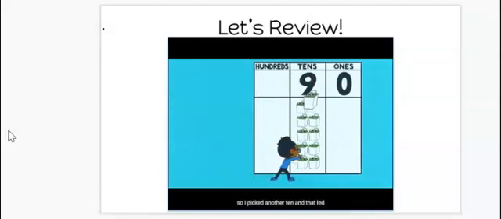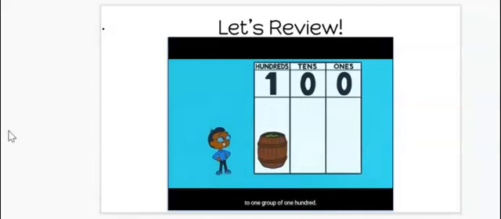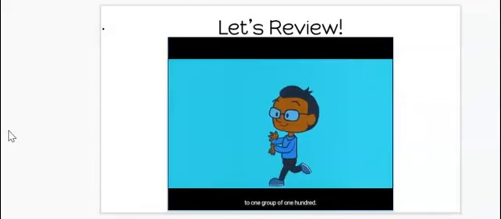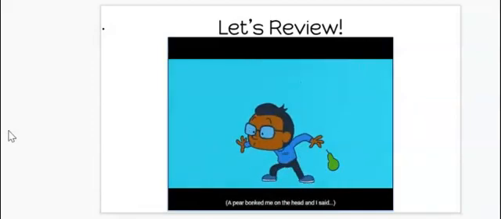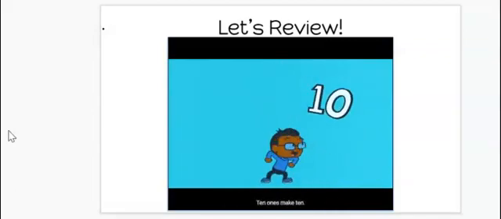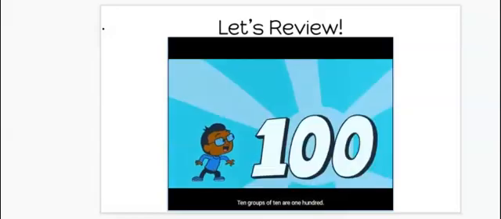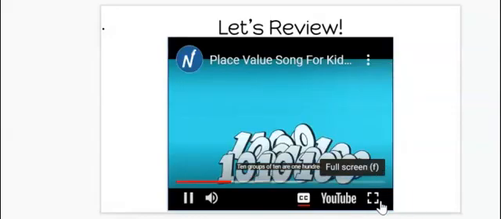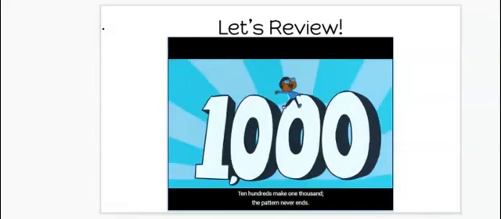So I picked another 10, and that led to one group of 100. A pear bumped me on the head, and I said, 10 ones make 10. 10 groups of 10 are 100. 10 hundreds make 1,000. The pattern never ends.